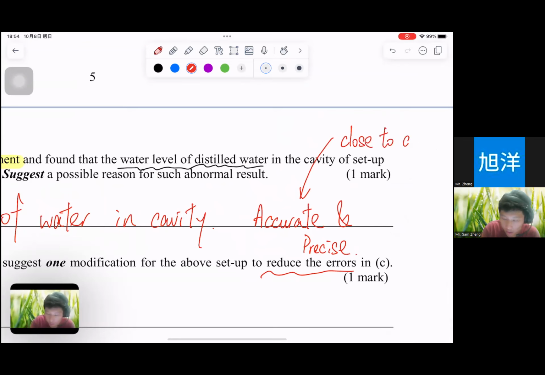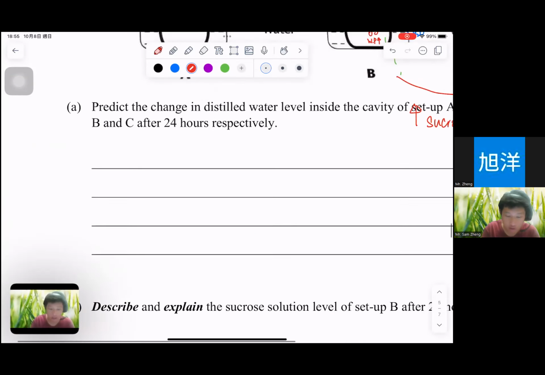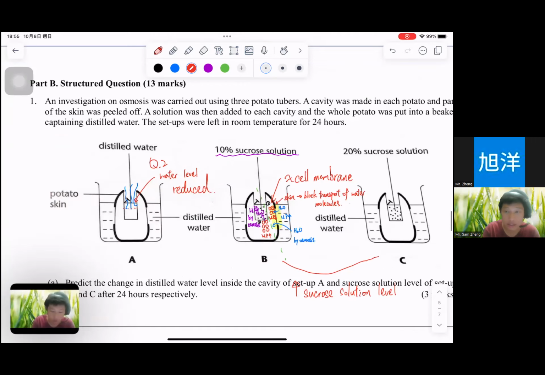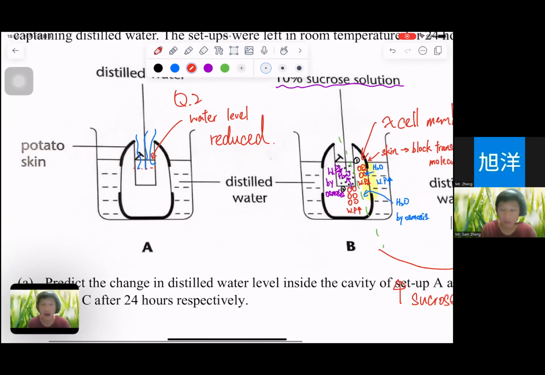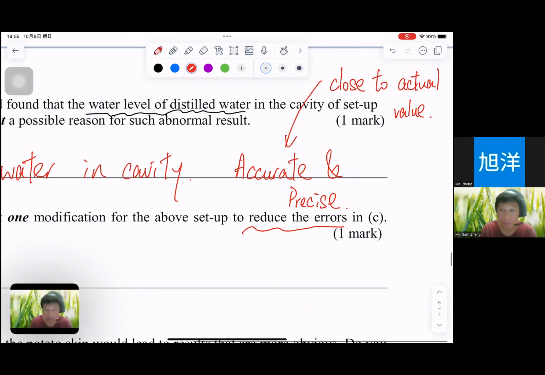In fact, the evaporation of water is also something close to the actual value, but it may be a little bit different when we measure the water levels. So this is affecting the precision of the results.